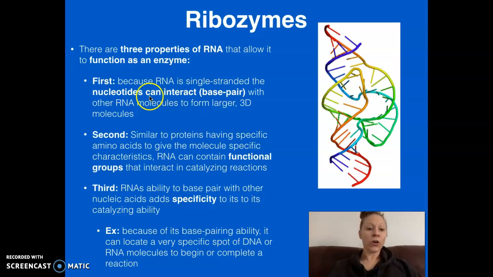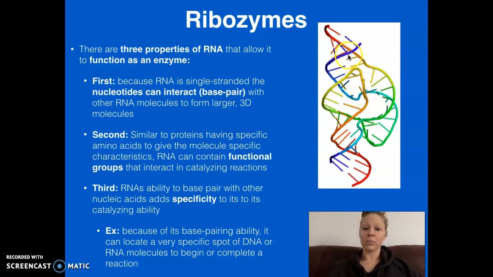First, because RNA is single-stranded, it has those free bases, half of the molecule is exposed. It doesn't have that second half like DNA. So those open bases are able to base pair with other parts of itself.